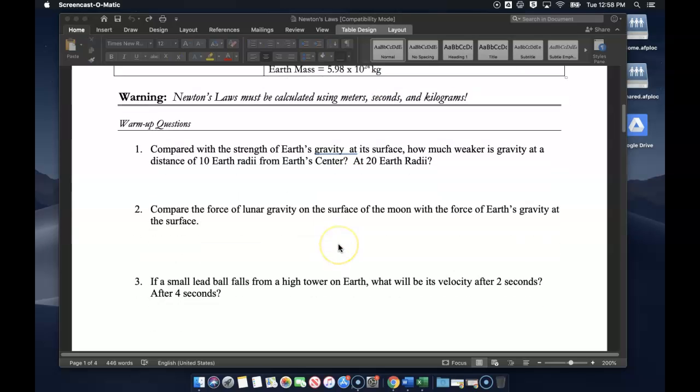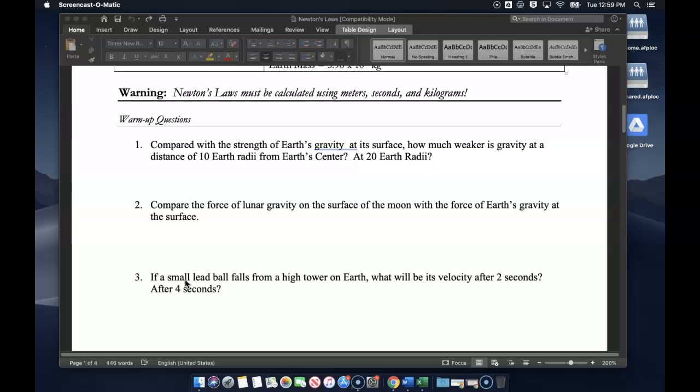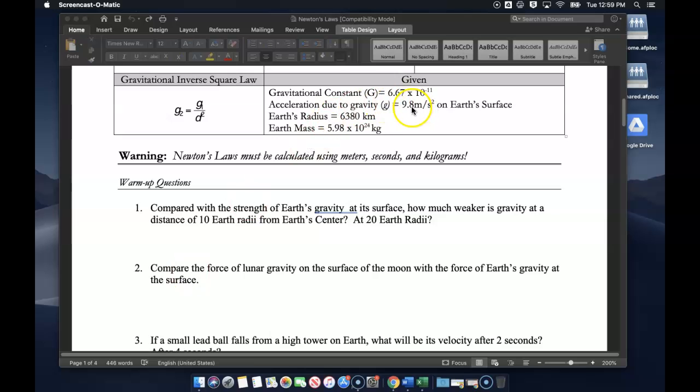For number 3, it says, if a small lead ball falls from a high tower on Earth, what will its velocity be after 2 seconds, and also after 4 seconds? For this one, you're going to, once again, need to use the 9.8 meters per second squared.